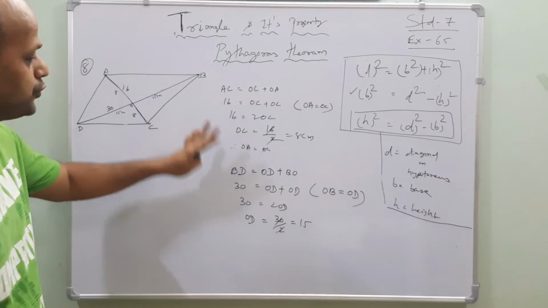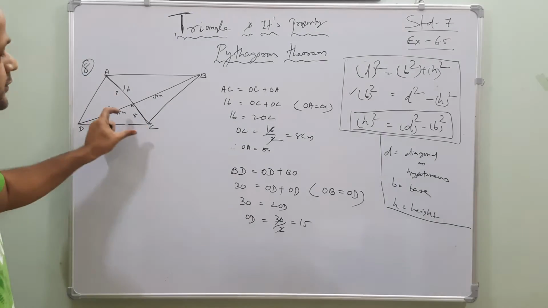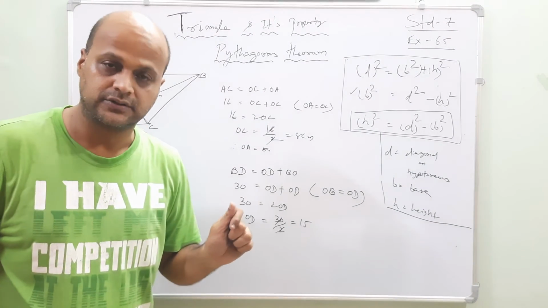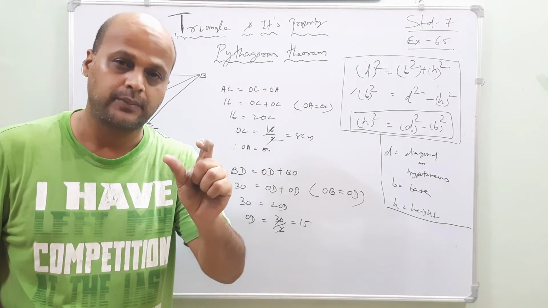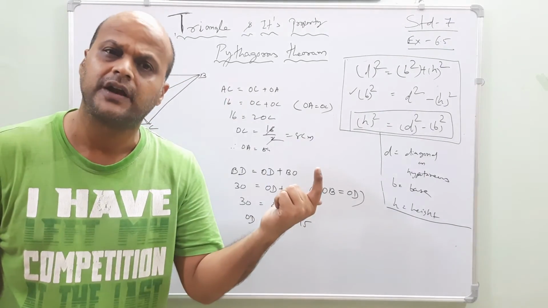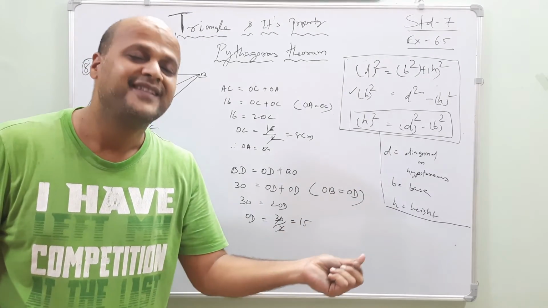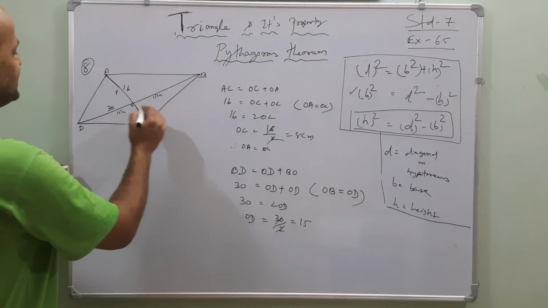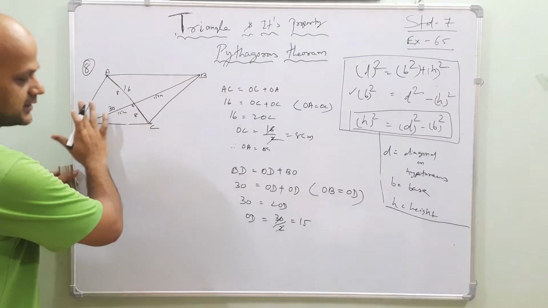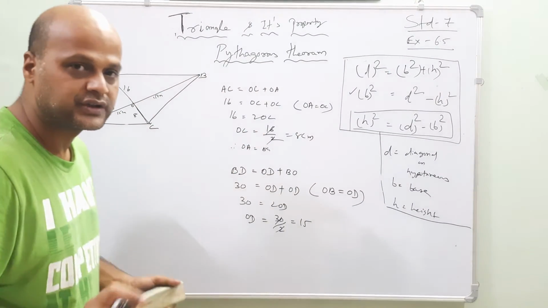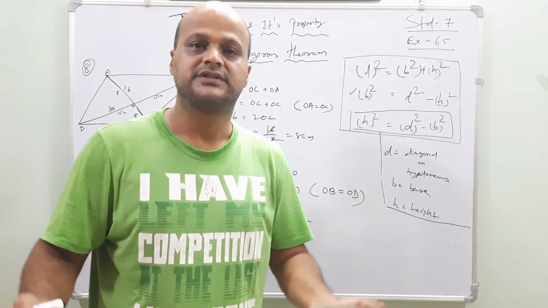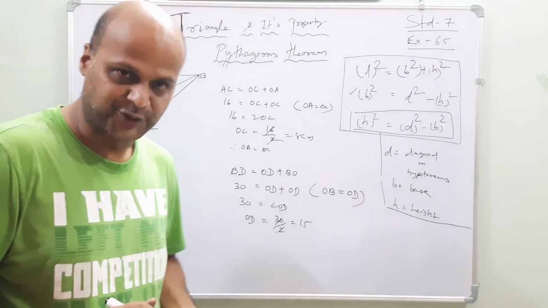That's why I go for the half portion of the diagonals. If you find the half portion of the diagonals, then you can easily find the third side of the triangle. You can take any side, because we know that all sides of the rhombus are equal. Yes or no?